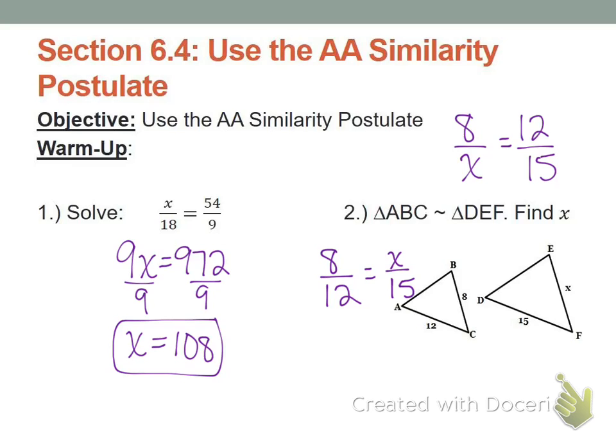You could have had it set up a little differently even from that. So I would agree with the rest of what Ari said. 8 times 15. Divide by the 12. And Ari, I'm sorry, what did you say you got for x? What'd you get? 10? Okay, sorry. Just couldn't hear you.